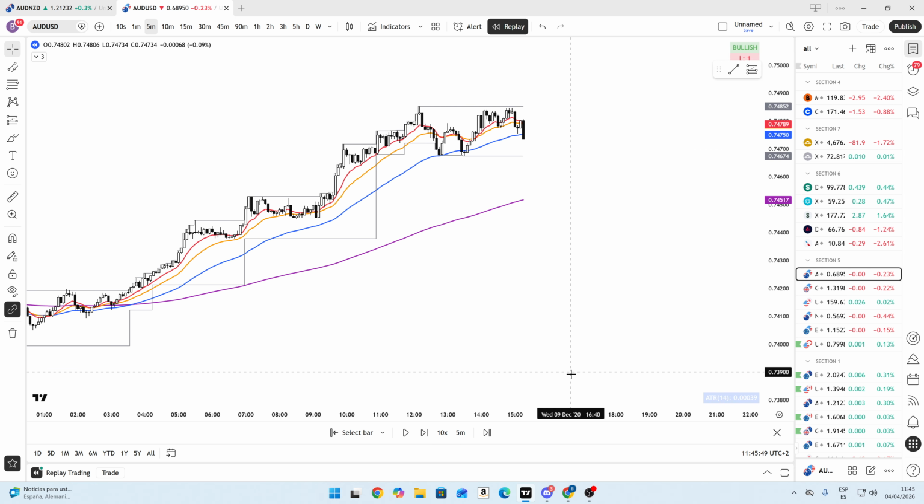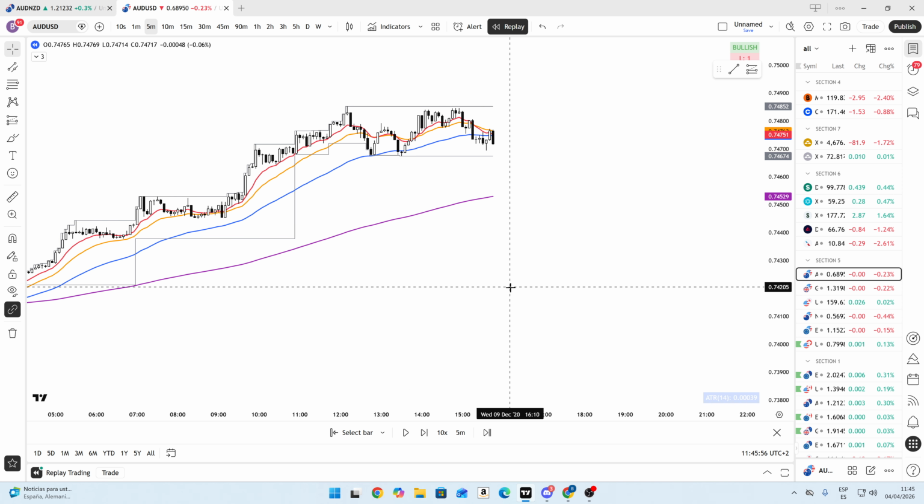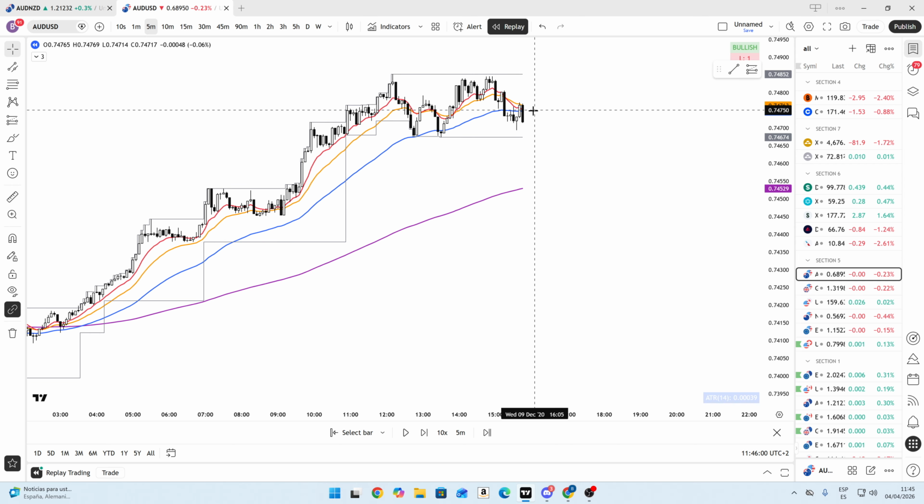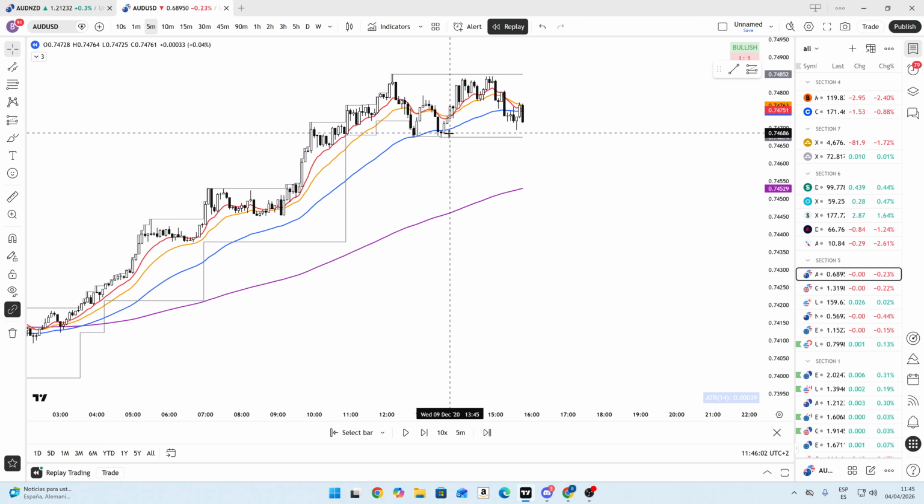Now it's going a bit more sideways, but I still want to see something of importance. We see that we already went below the EMA 50. This was barely anything, and this just shows me that it's not ready, right? So let's continue.